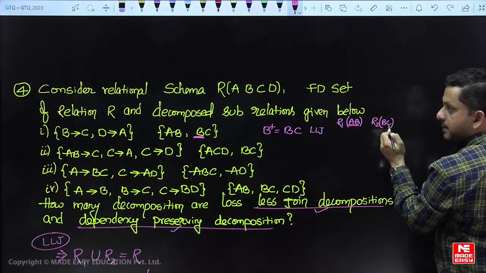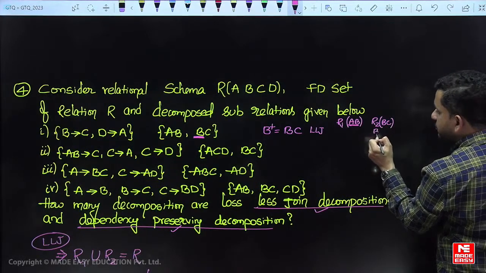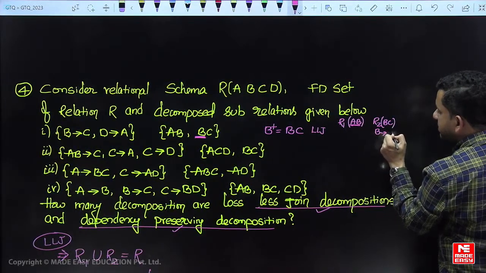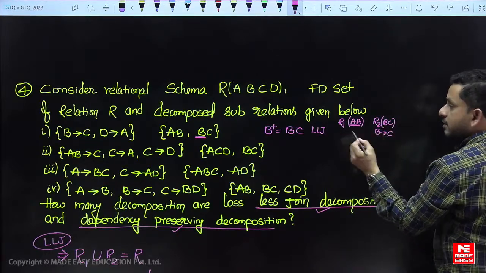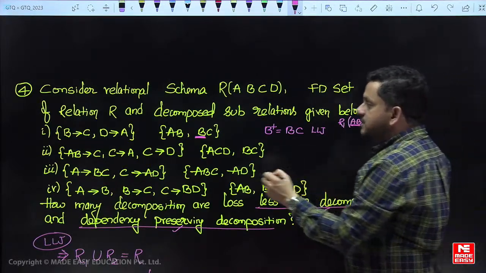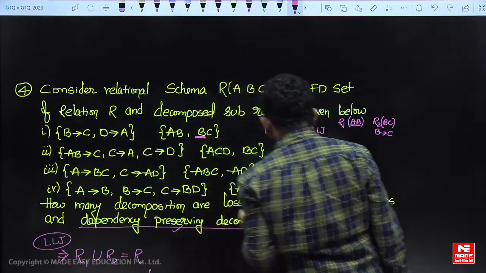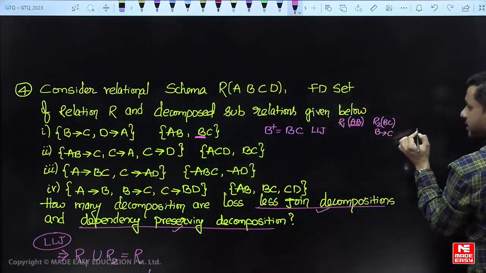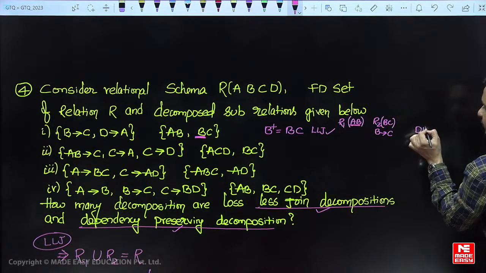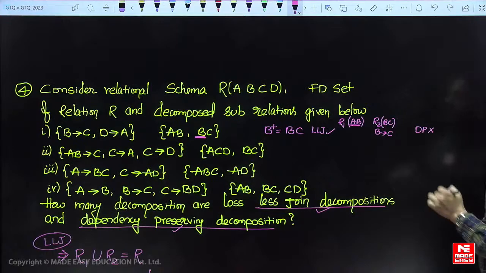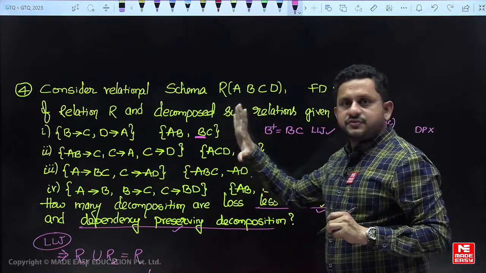Here B closure determines C, so B determines C is the FD, and C closure does not determine B. So only B determines C is preserved and D determines A is lost. It is lossless join, but dependency preservation is false.